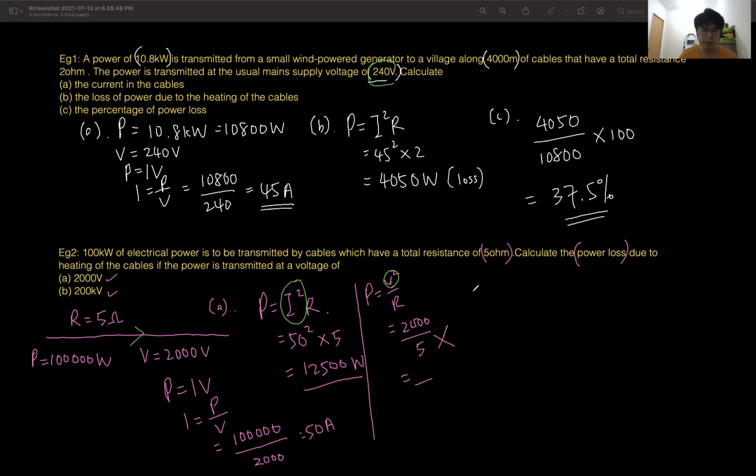Okay. Last question, B. 200 kilovolt. We find the current first.